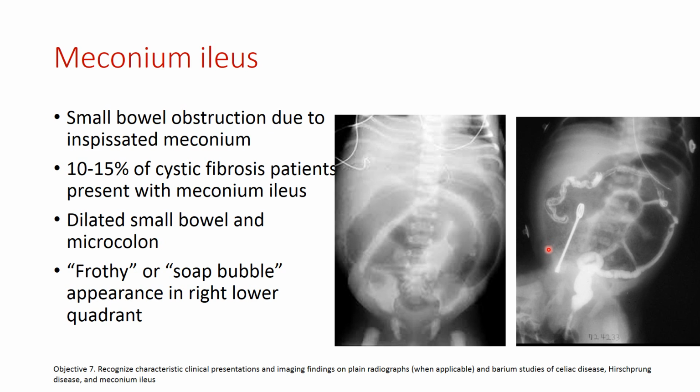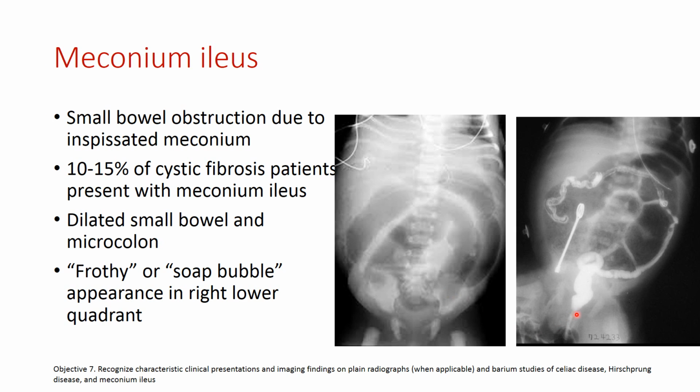And we'll see proximal to that this small bowel dilatation. Because there's a small bowel obstruction, you can't get anything through that inspissated meconium. And because of that, the bowel has not been used, and so it hasn't been dilated or stretched out.